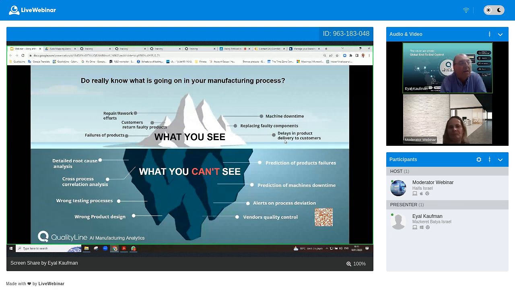What is difficult for us to see, if we don't have the detailed information, are problems with the different tested parameters, wrong design problems, edge cases of components that are very close to their limits, and so on and so forth. This detailed information is very difficult to approach if we do not have full detailed access to our data.